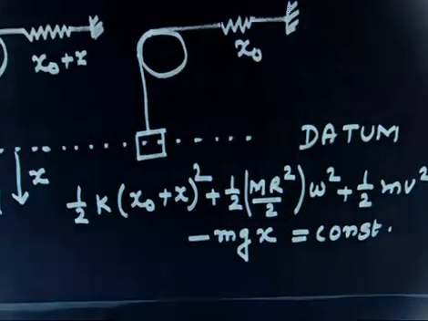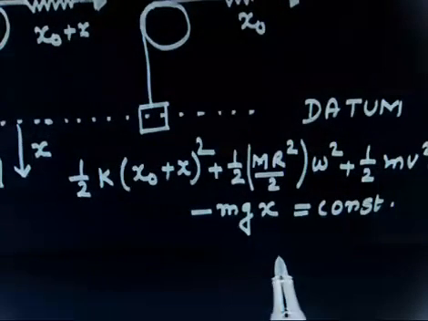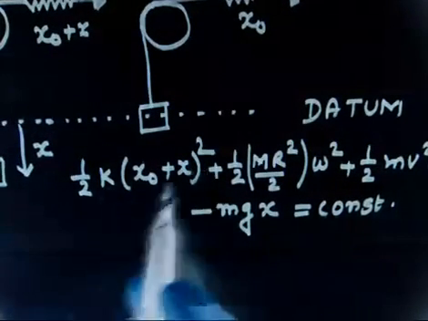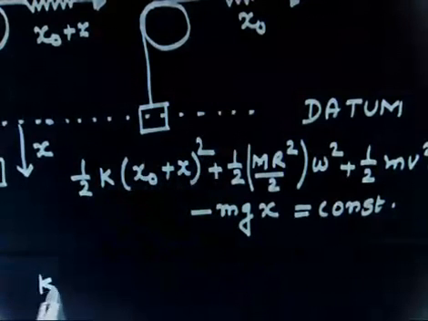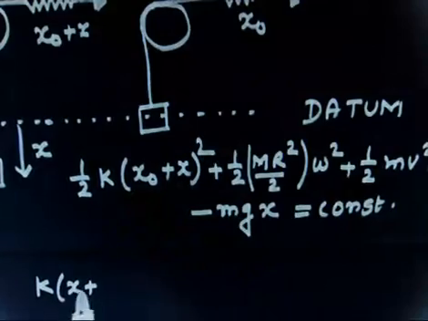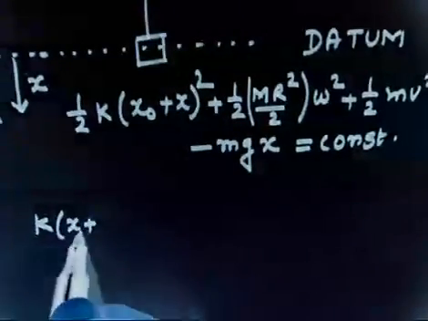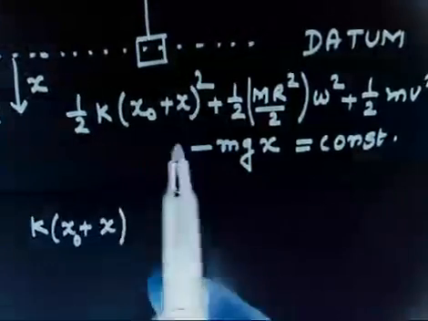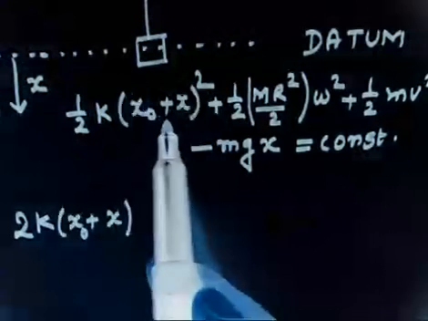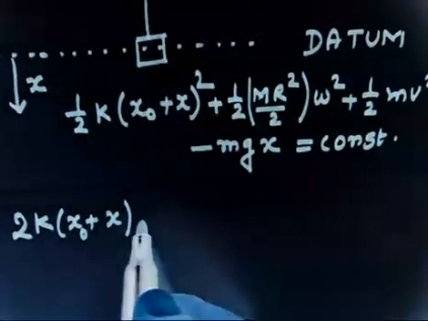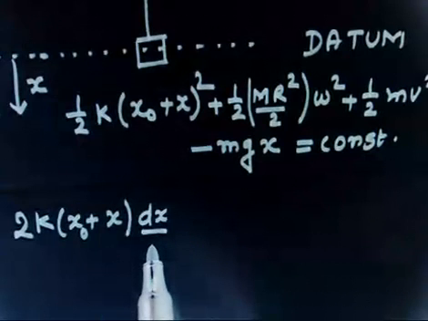So let me do it for you. Let us cancel 2 throughout and differentiate first. The 2 goes, so we will have k (x naught plus x), and differentiation of x is dx by dt, so let me write dx by dt also.